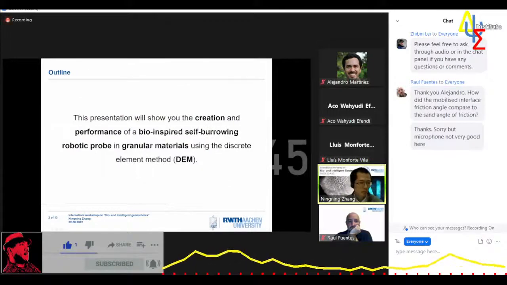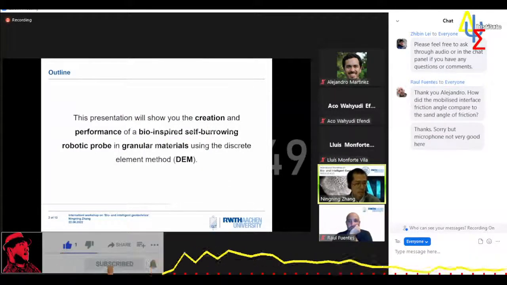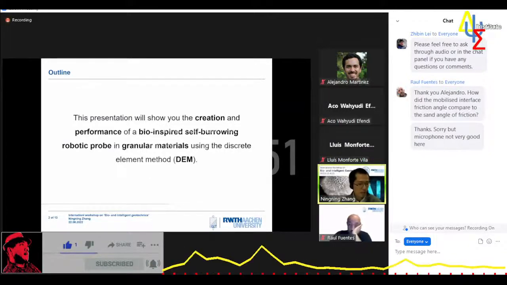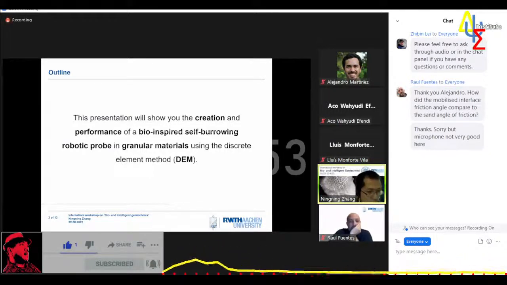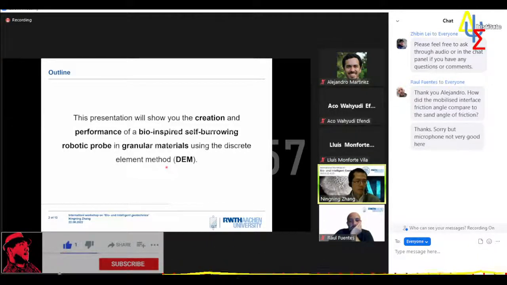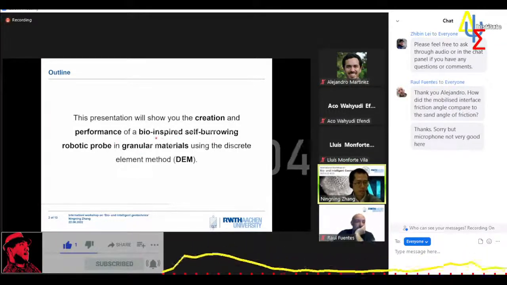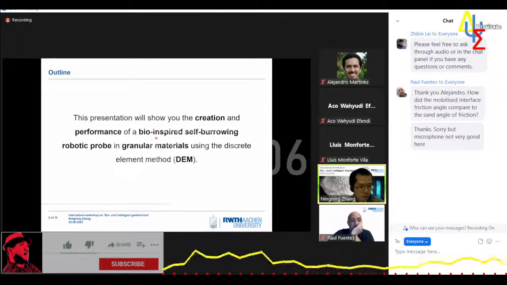In this presentation, you will see the creation and performance of a bio-inspired self-boring robotic probe in granular materials using the discrete element method. Basically, you will see how a probe that is able to do self-boring, inspired by biology, by animals, is created.